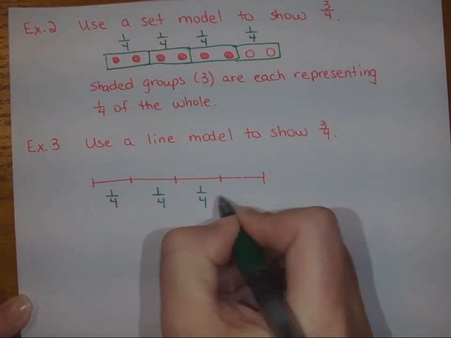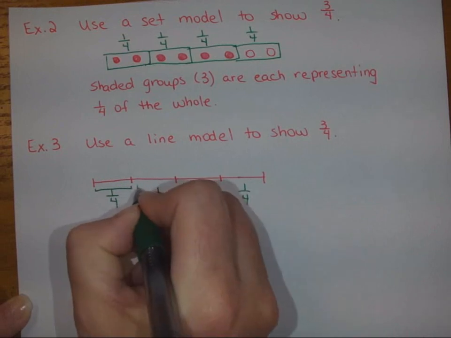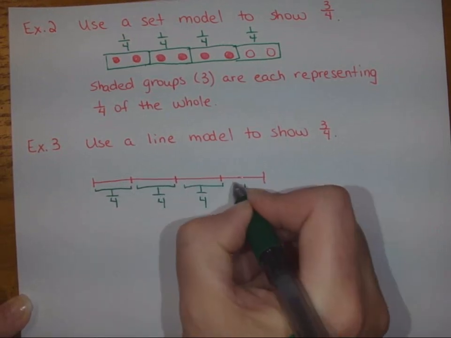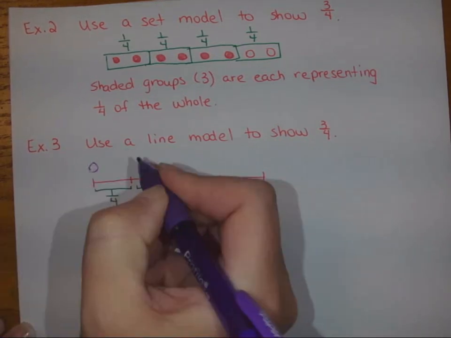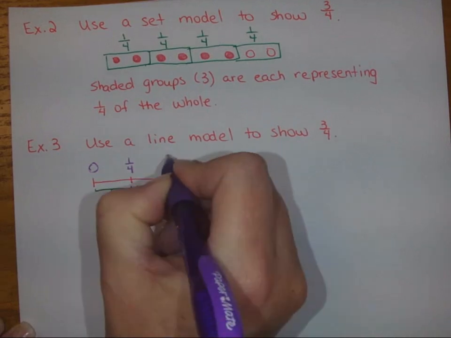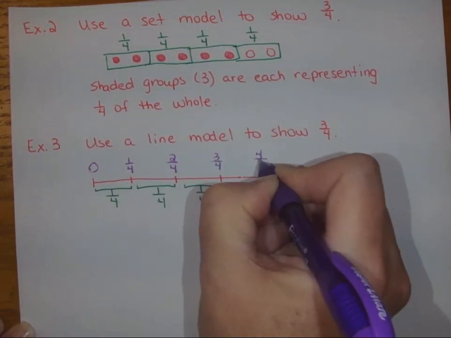So these are each of 1/4 length. Notice here I'm talking about the length of each section. Okay, if I wanted to talk about where it was actually on the number line, I would do something different there, right? So this would be a concept of how you wanted your students to write it. But if I were going to write this on a number line, this would be 0, 1/4, 2/4, 3/4, and 4/4.